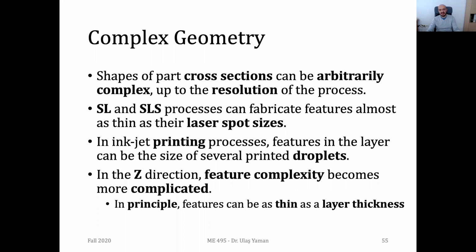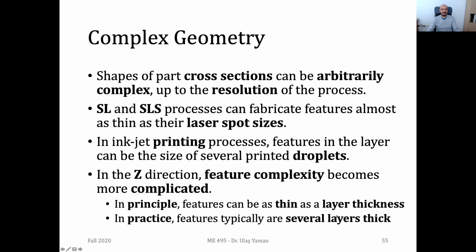So your features in Z direction can be as thin as your layer thickness, but on the XY plane, your resolution depends on the drops, the laser spot size, the nozzle diameter. In the Z direction, your minimum feature size only depends on the layer thickness. But it's better to keep this as several layers thick, not just one layer thickness.